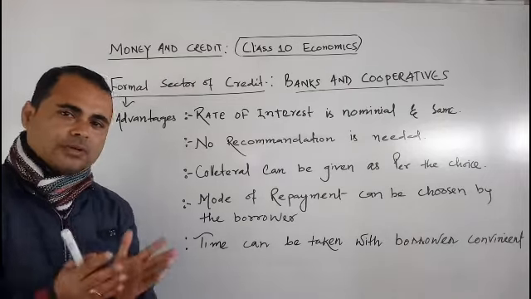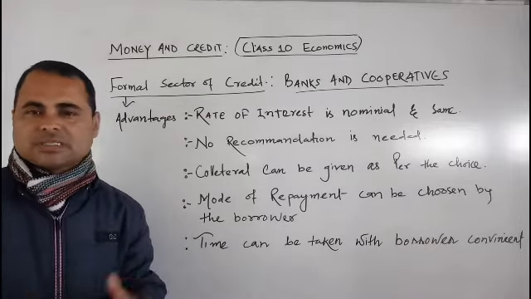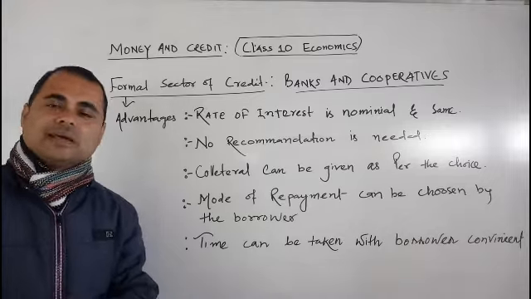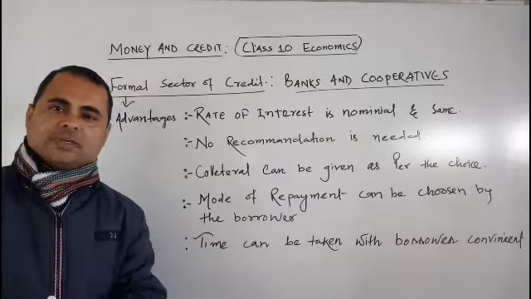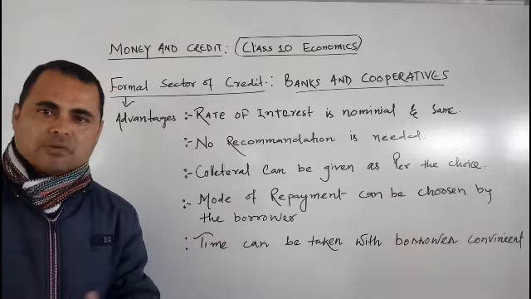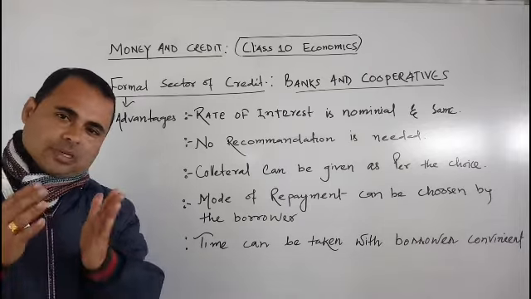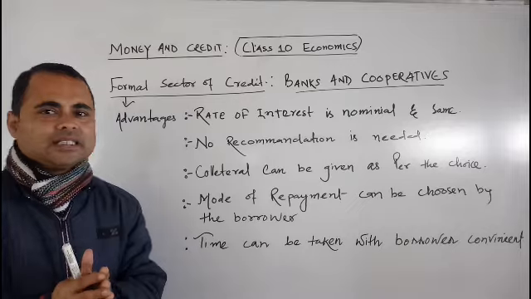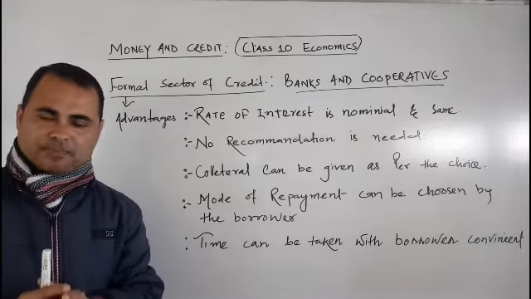When you repay all that loan within the time, some sort of relaxation, some sort of concession is given to you. Again, when you ask for a loan a second time, you will be given more amount. Your CIBIL score will be maintained with a good record. So such advantages are there with the formal sectors of credit, right?